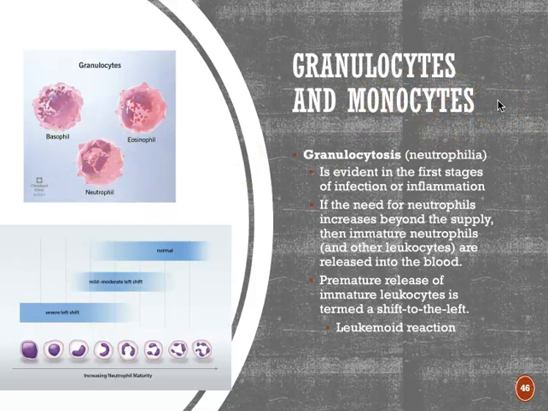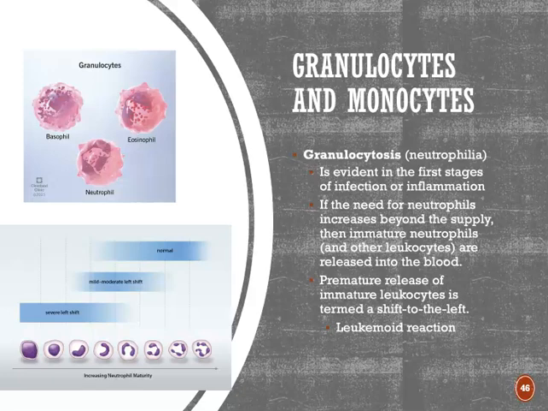And we know that whenever our body faces an infection or inflammation, it's going to respond by increasing our neutrophils, which we know are kind of those first defenders of our immune system whenever the white blood cells are called upon. And so this is called granulocytosis or neutrophilia. Remember that philia means loving, neutrophil loving, and it's often the first sign of an immune response, like we said.